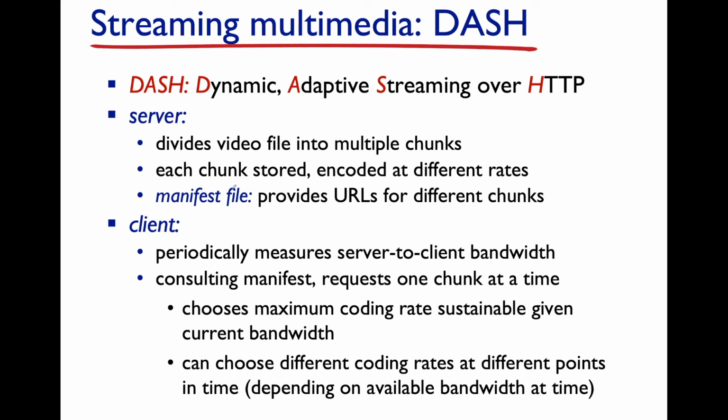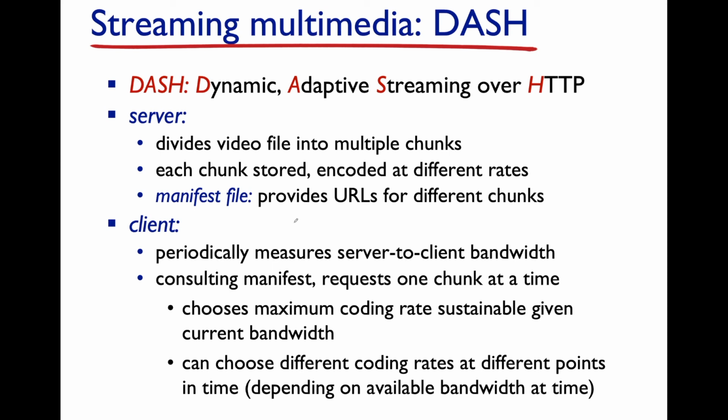And so DASH also includes a so-called manifest file, and this manifest provides URLs for the different chunks. These URLs locate the first chunk, the second chunk, the third chunk, but there are also different versions of the chunk. There's a first, second, third chunk in high resolution, first, second, third chunk in medium, first, second, third chunk in low resolution, for example.